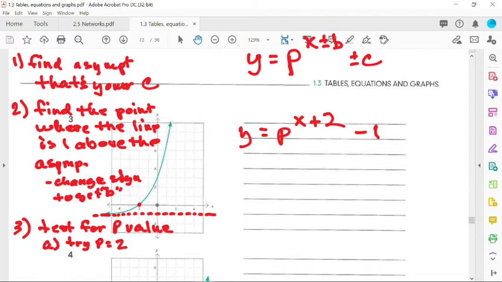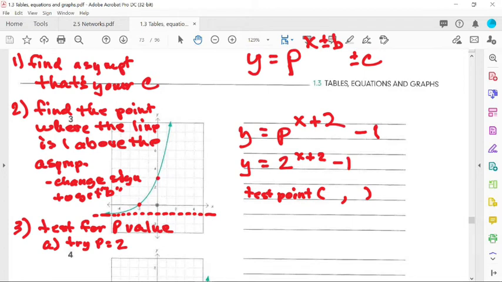Okay? All right, so we're going to test to see if 2 is our base, our p. So let's choose a test point. I need an x and a y value that's easy to read and easy to use. Where do I always try first? Y-intercept, which is right there.